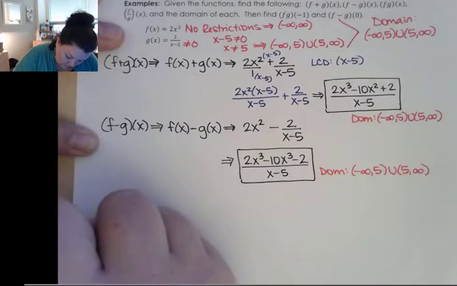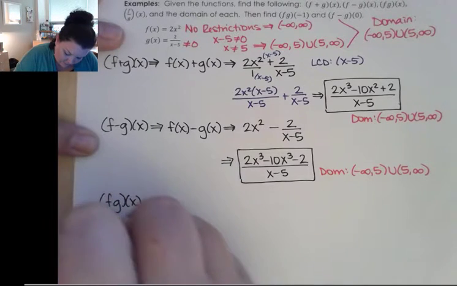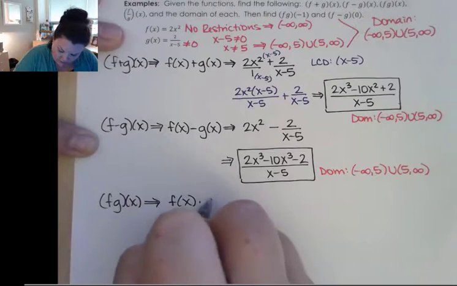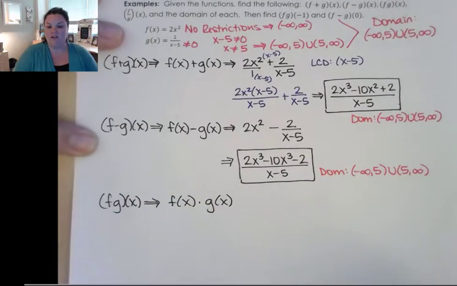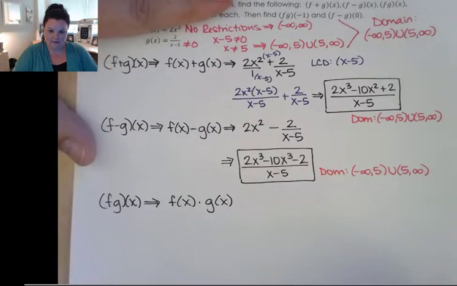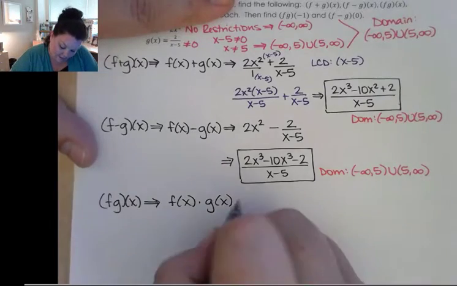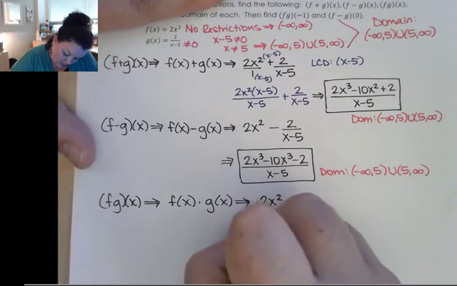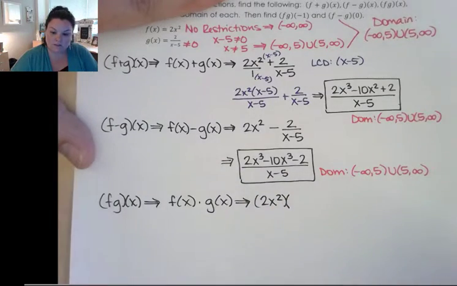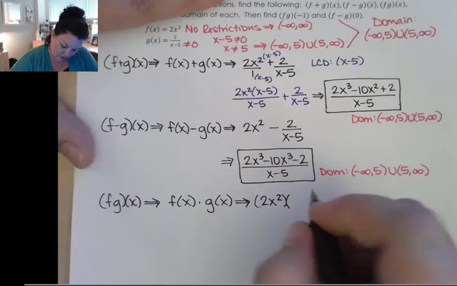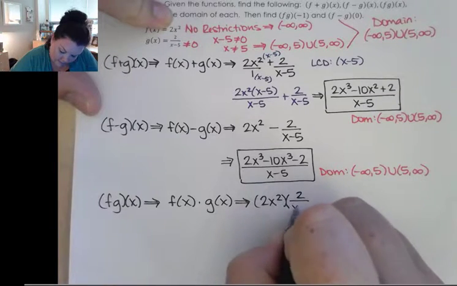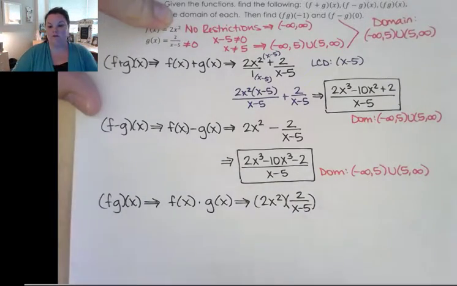So product function is f times g of x, which means we're taking our f of x function and multiplying our g of x function. Okay? So our f of x function is 2x squared, and we're multiplying that times our g function, which is 2 over x minus 5, right?